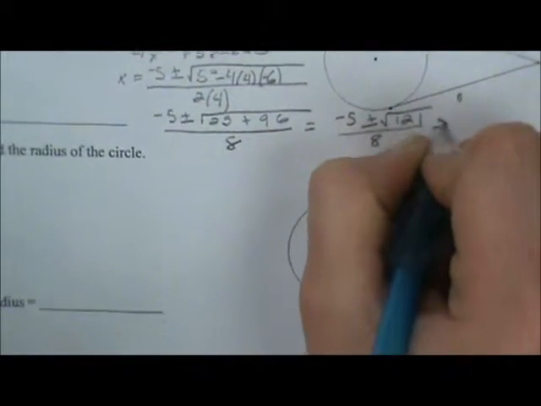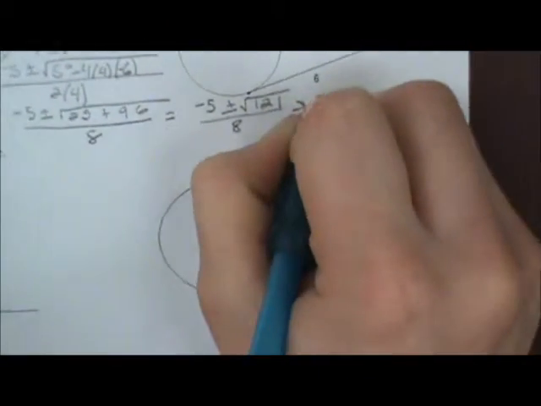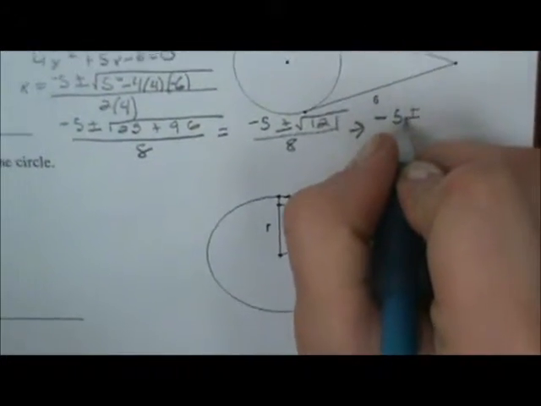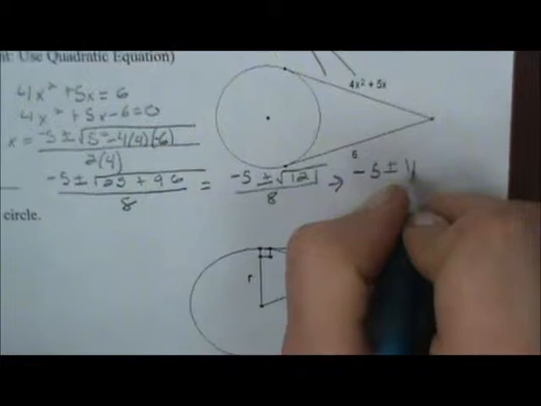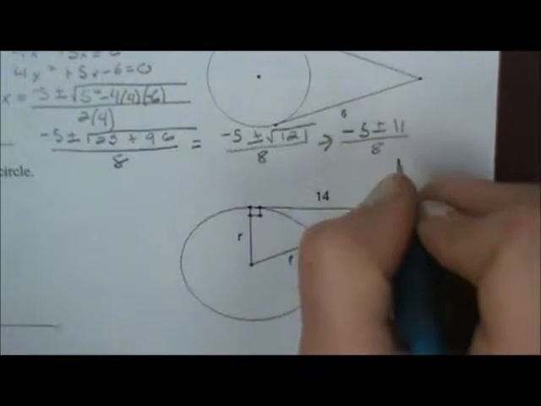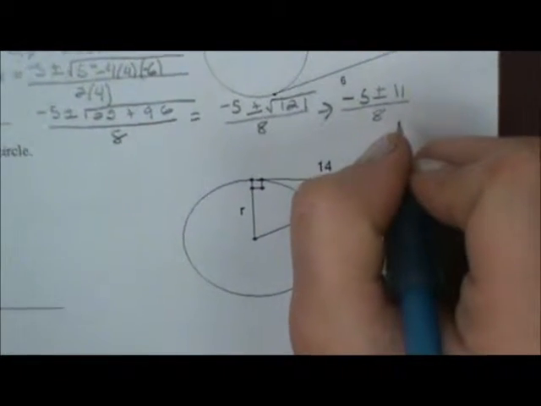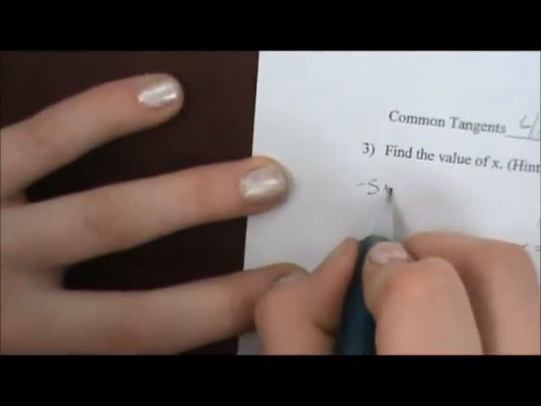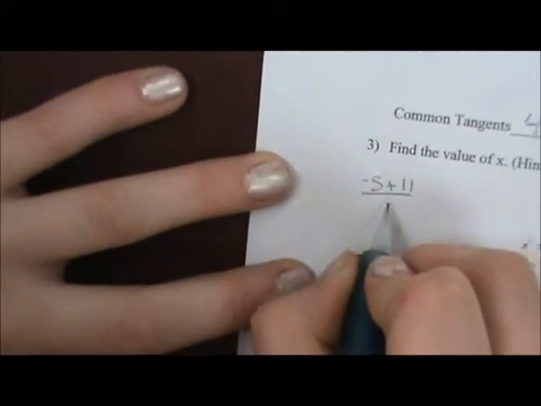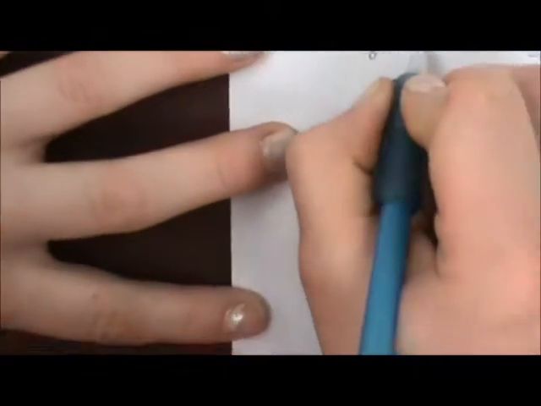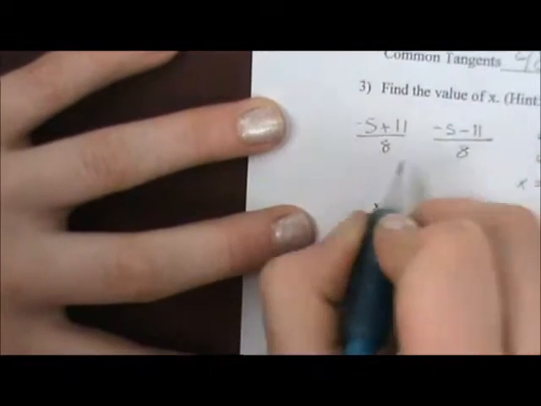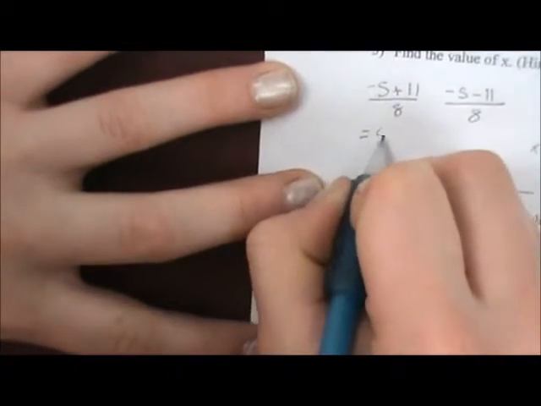And one more time, negative 5 plus or minus 11 over 8. And solving, you just solve. So you have negative 5 plus 11 over 8, and then you have negative 5 minus 11 over 8, and you just solve for those two fractions.